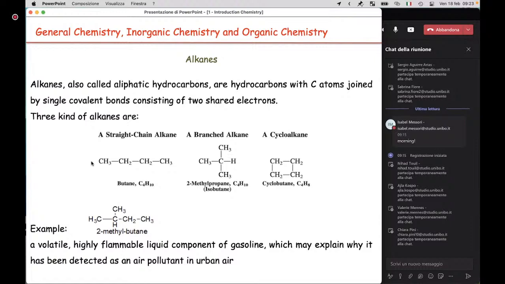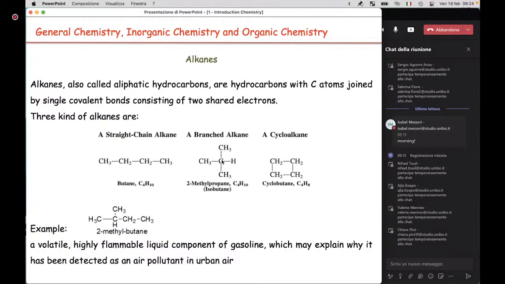Of course, an infinite variety of alkanes can be synthesized, but we can distinguish three main classes. Linear or straight chain alkanes. This means that every carbon is connected to just two different carbons, or one if it is a terminal carbon. Or branched alkane, when some carbons are connected to more than two other carbons.